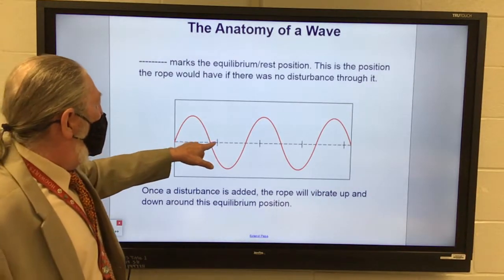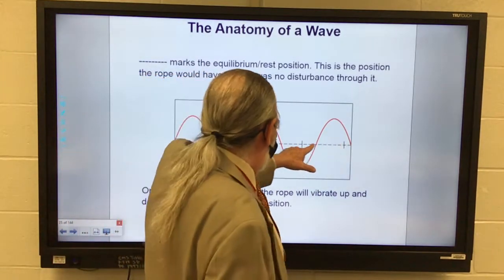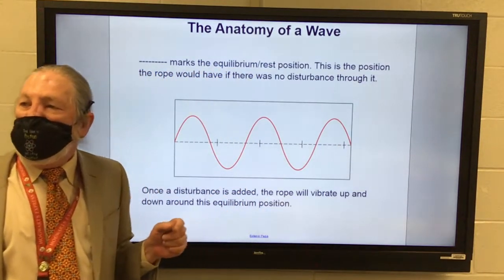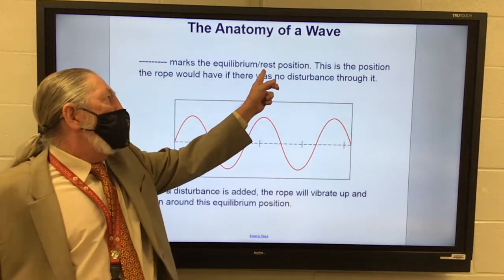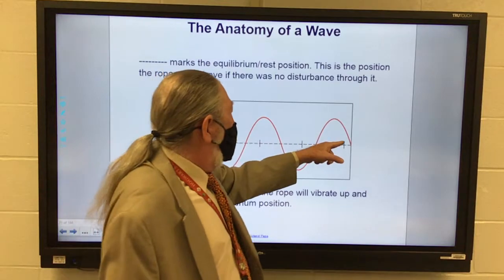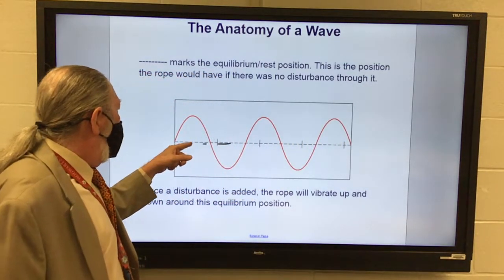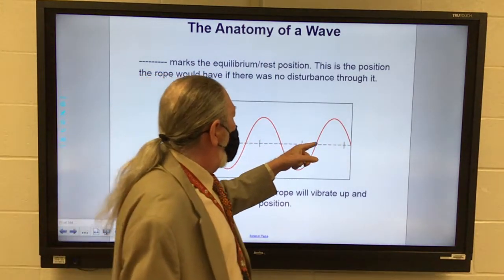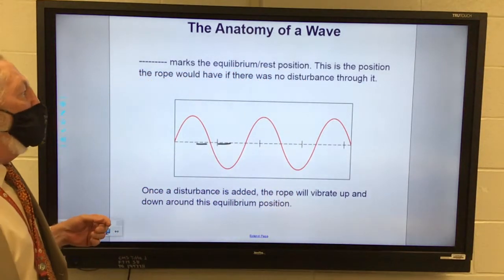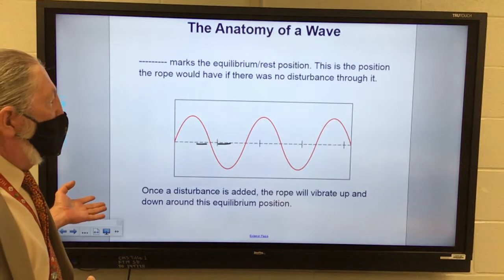This right here, the little dashed line, everybody see the dashed line? That marks the equilibrium, and what do we say the equilibrium is? It's the rest position, right? Right in here. So when the wave is right in here, that's the rest or equilibrium, because equilibrium means equal, and also means rest, okay?